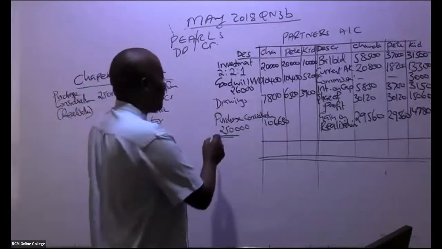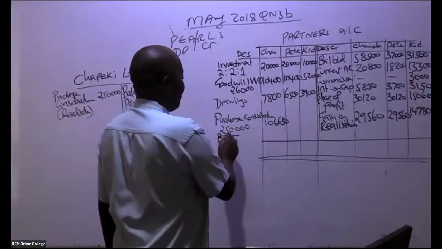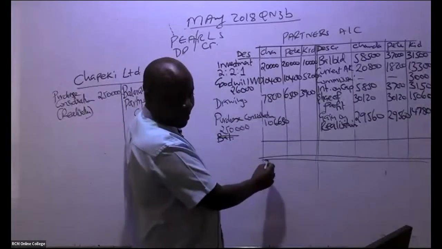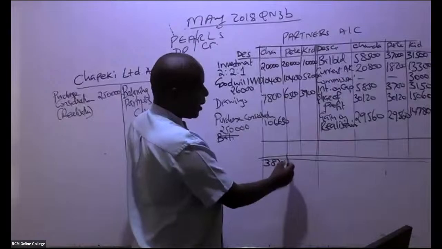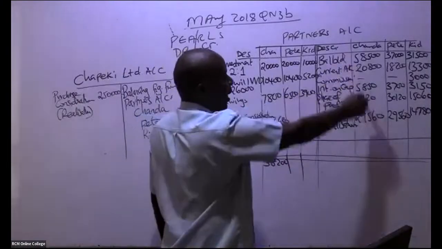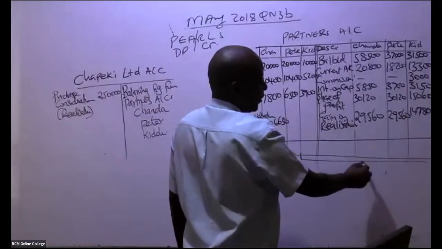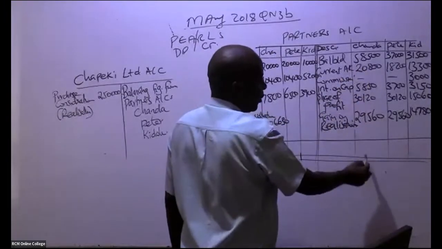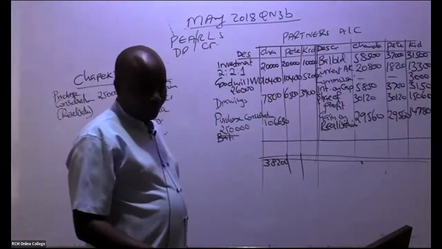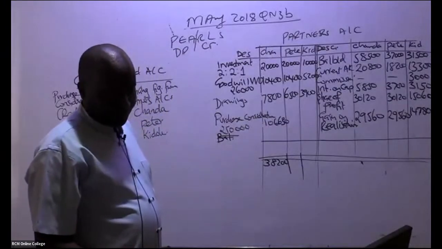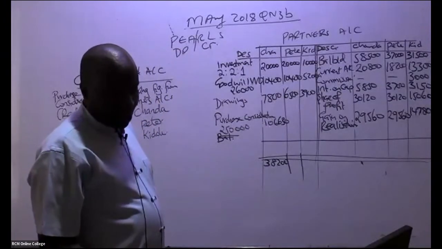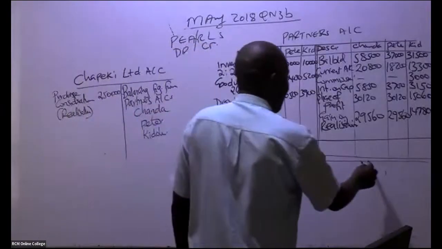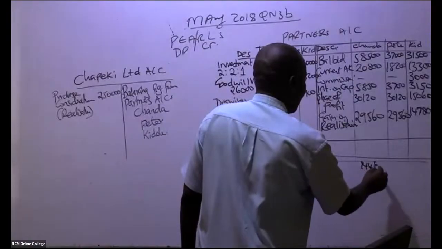Balancing figure. Remember, we're looking at the balancing figure. Somebody is giving me a figure of 38,200 here. How about this first ninja? How much do we have when you add this and this? We have 144,830.